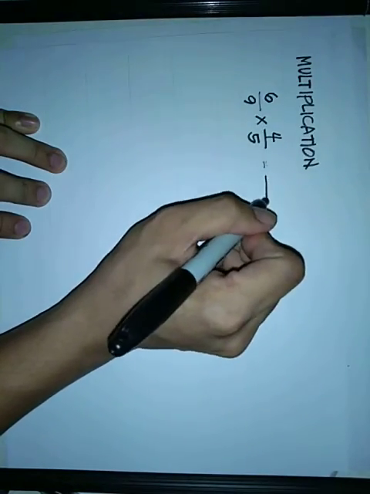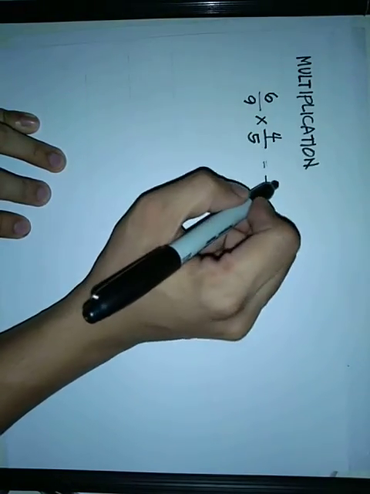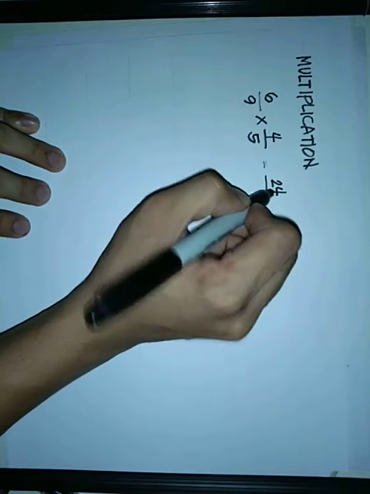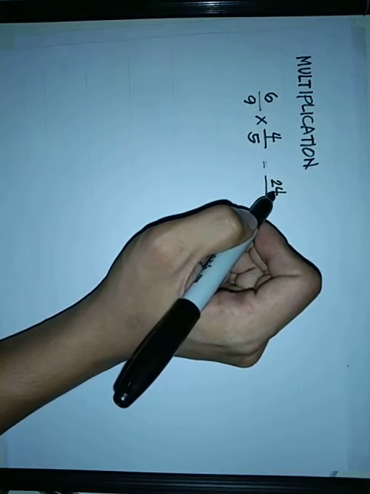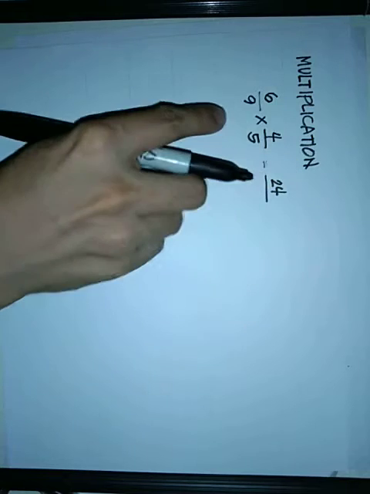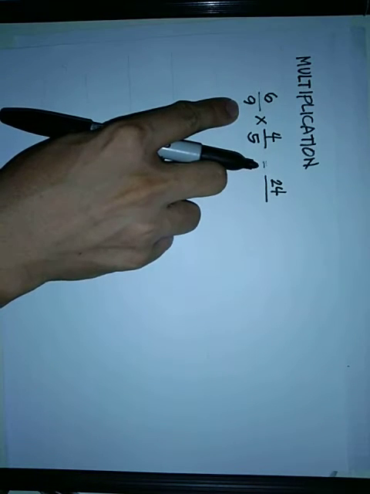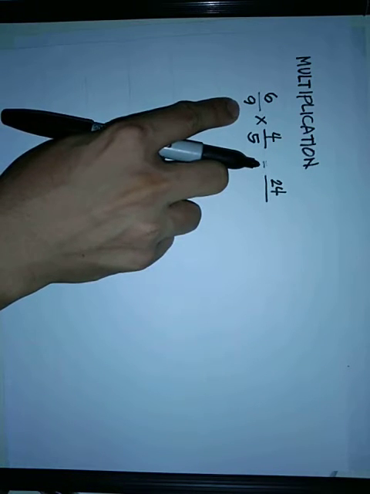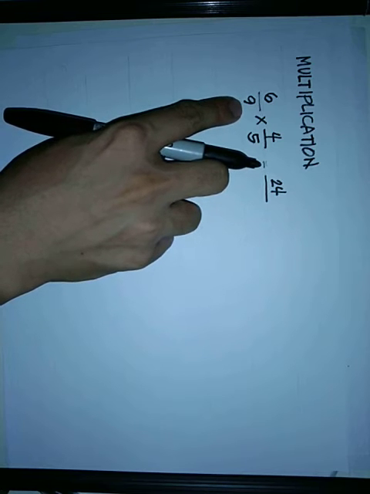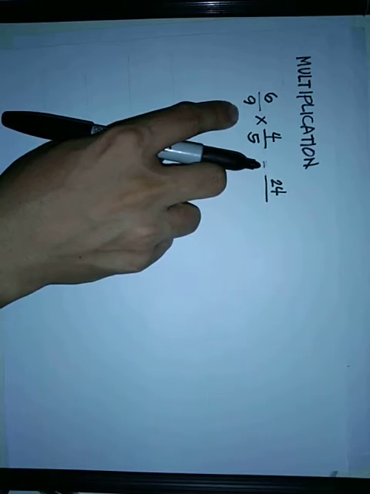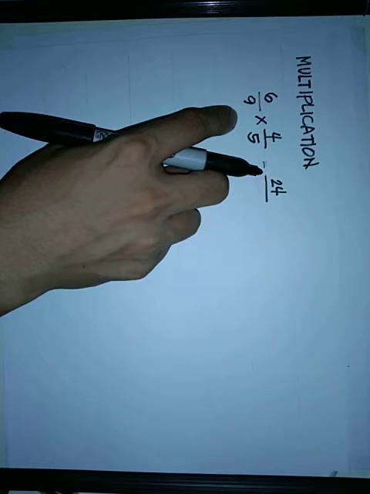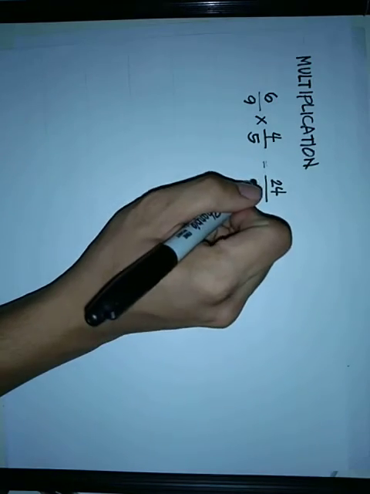So we will have 6 times 4 is 24. And then next thing to do natin is to multiply yung ating denominator. So we will have 9 times 5, which is equal to 45.